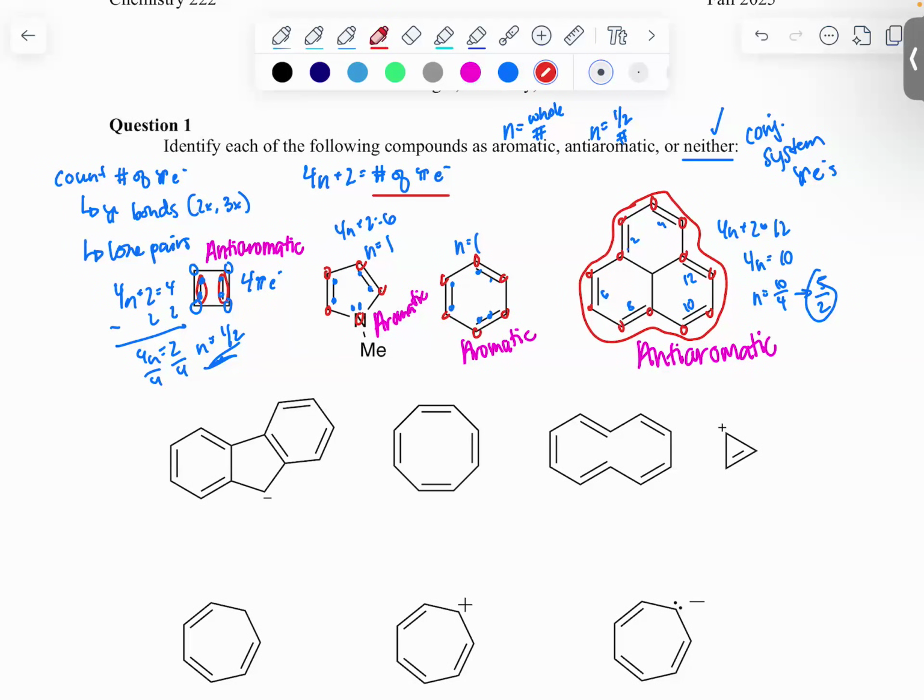With this one, we have all of them having pi electrons, so we have a conjugated system. And counting our electrons, we have 2, 4, 6, 8, 10, 12, and then this lone pair, signified by the anion on the carbon, gets us to 14.